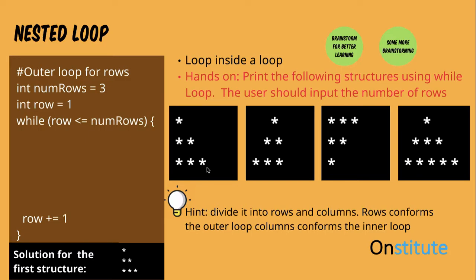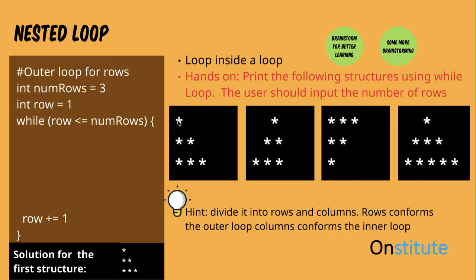Let's learn about it. Now, if you have a minute look at all these structures, then you can eventually realize that this structure has two different things in it. The first one, there is a row which is incrementing one after another. The first one is row 1, then the second row, then the third row, something like this.